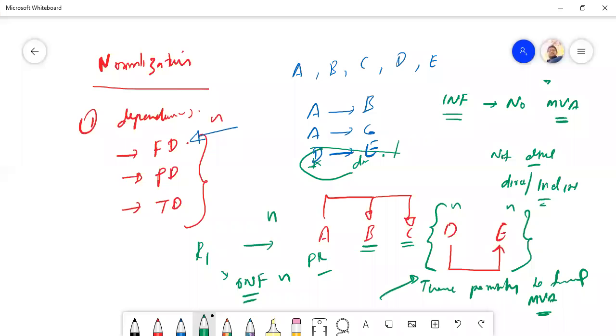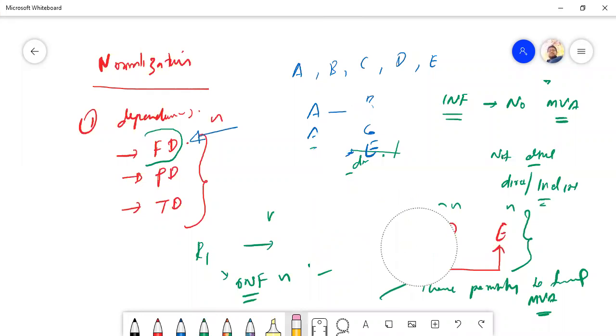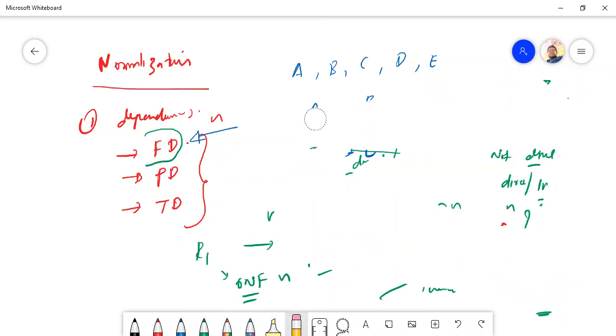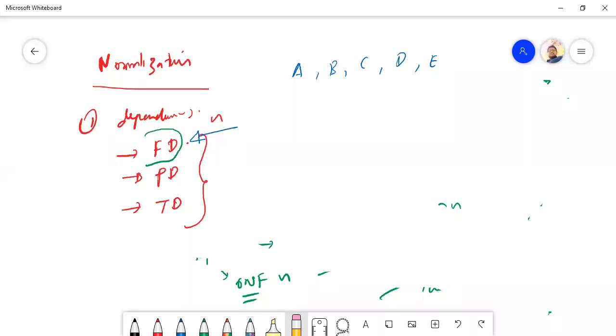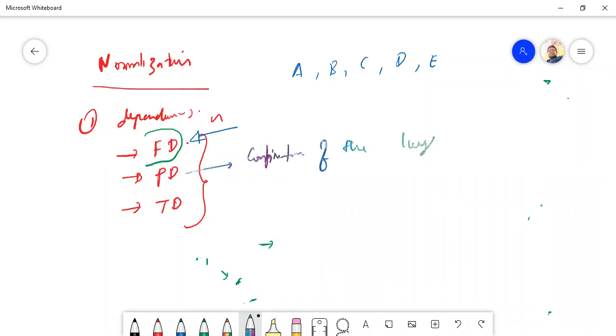Okay, so that is the functional dependency story. The second stage we went through is partial dependency. It always happens because of the combination of keys.